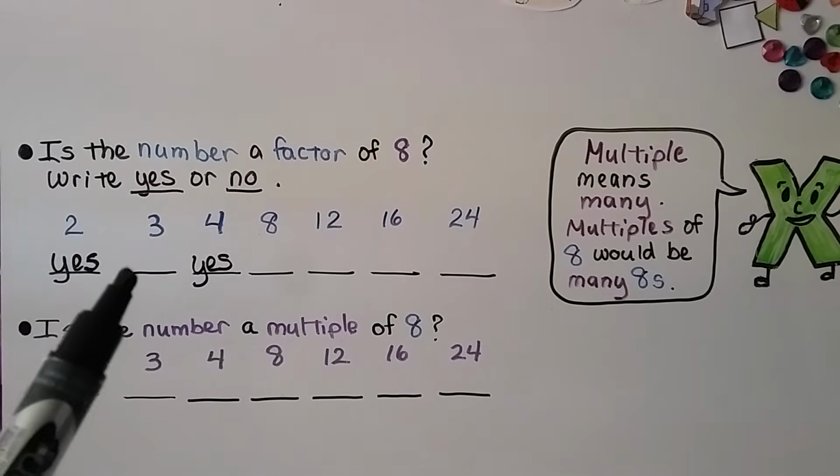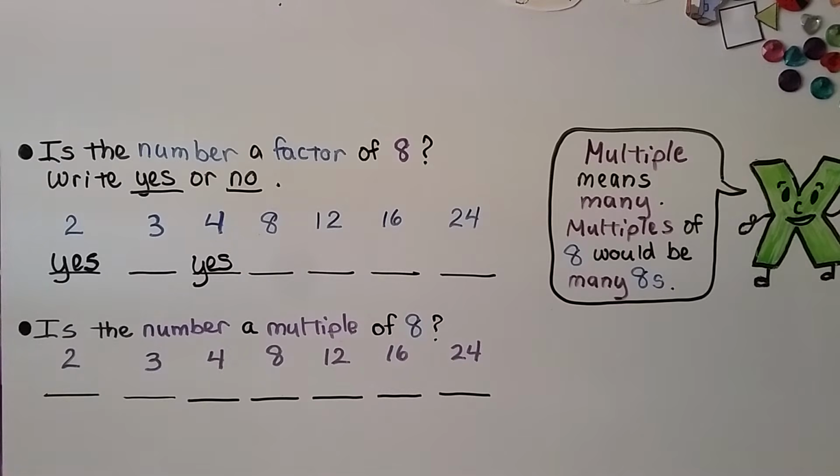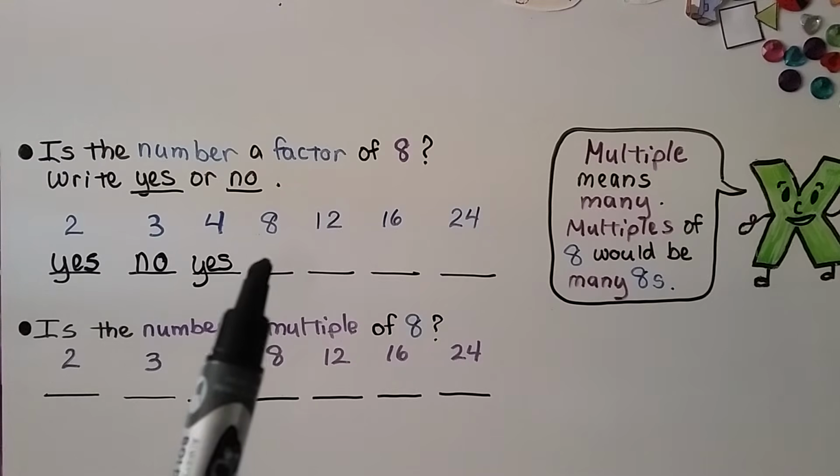Can we multiply 3 times something and it will equal 8? No, 3 times 2 is 6, 3 times 3 is 9. It skipped right over the 8, so that's a no. Can we multiply a number times 8 to equal 8?